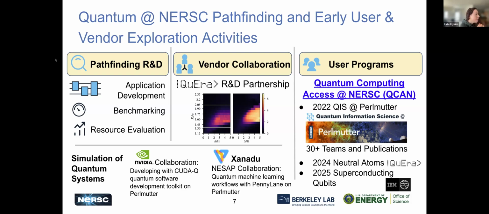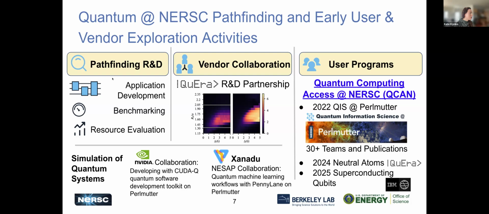And then, of course, vendor collaborations have been important because we get access to the near-term hardware that is being developed currently. We get a better understanding of how to actually use these systems, what the needs are if we were to actually buy these systems, like what type of building you would need to house them, and how they might hook up to the classical machines that you're using.